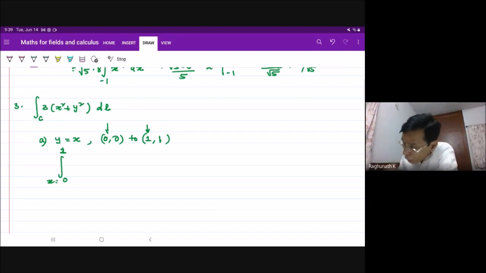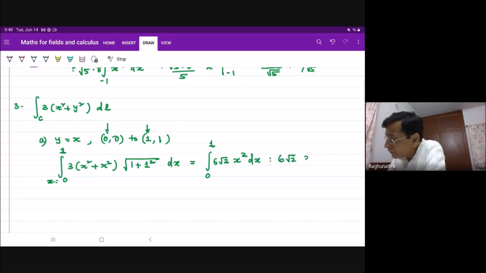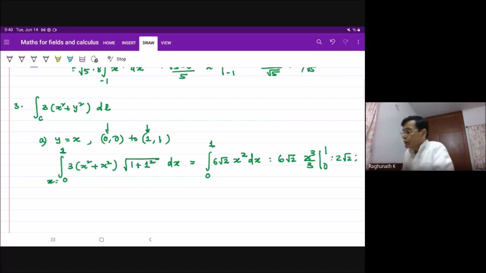And then what is it? 0 to 1, 3 into x squared plus x squared, because y is equal to x, root of 1 plus dy by dx is 1 squared, dx, is equal to integral 0 to 1, 6 root 2, no? 6 root 2 x squared dx is 6 root 2 x cubed by 3 from 0 to 1, is 2 root 2, correct?